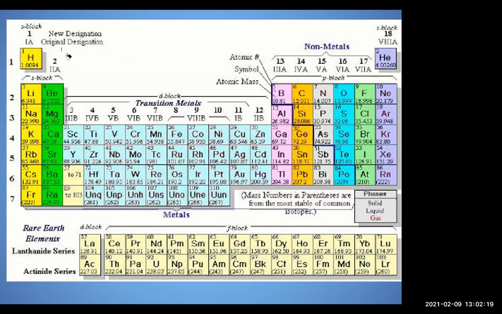And one other thing I wanted to point out before we move on to the next slide is these elements over here in purple on this side. These are called noble gases.